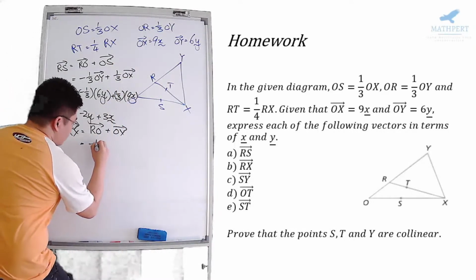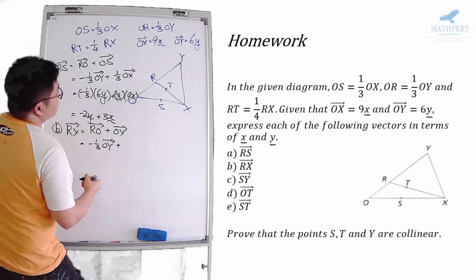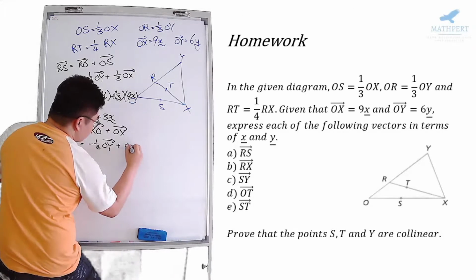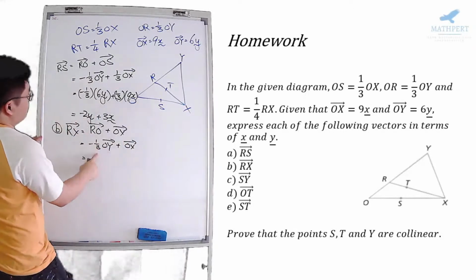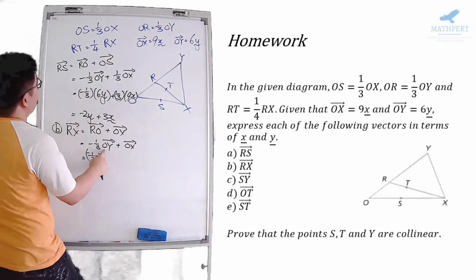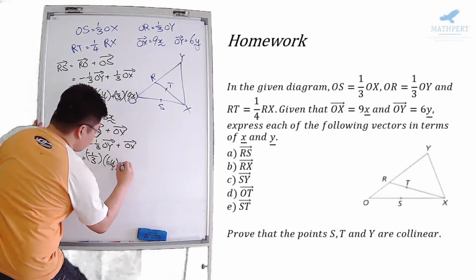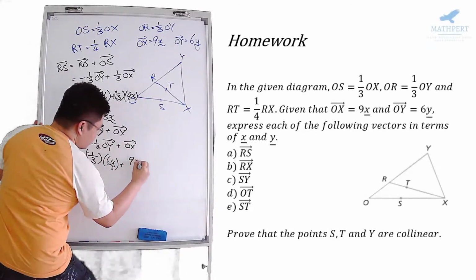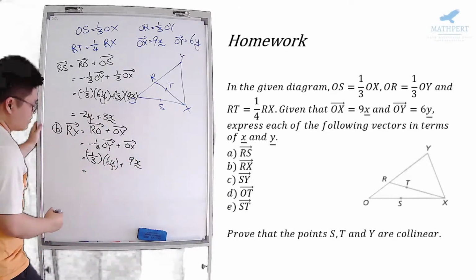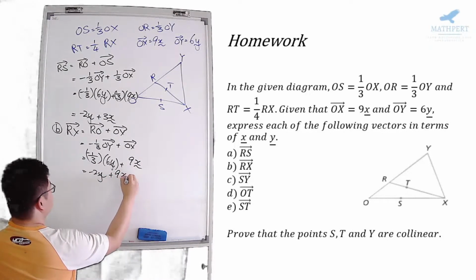So this will be negative 1/3 OY plus OX. So this will be negative 1/3 of 6y, plus OX is 9x. So the answer will be negative 2y plus 9x.